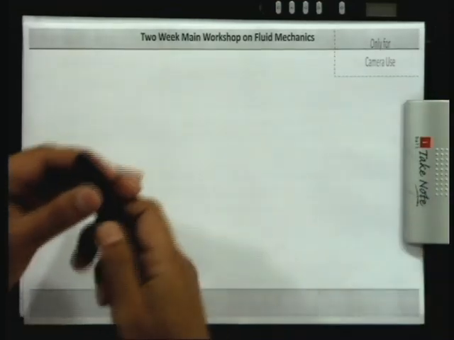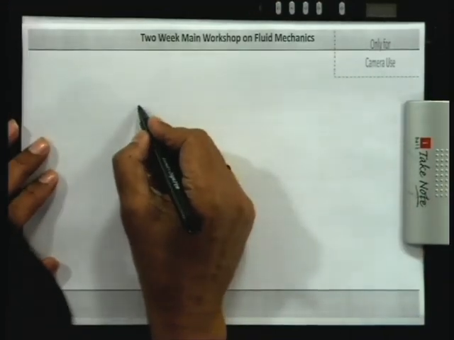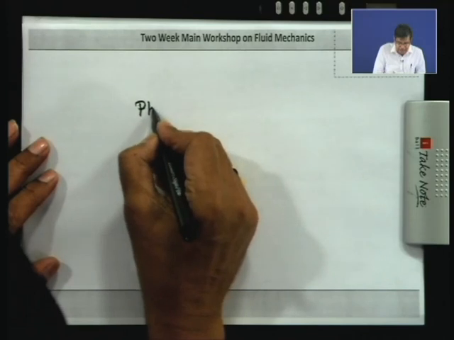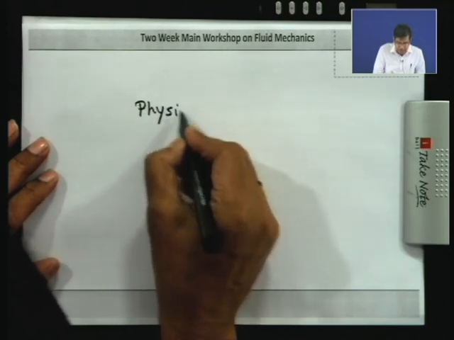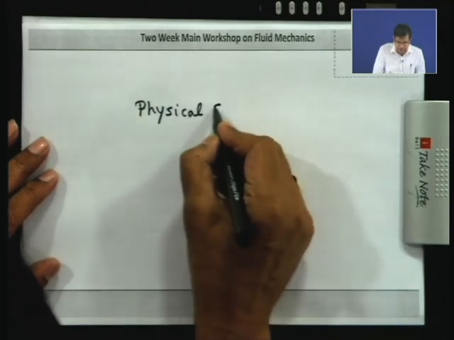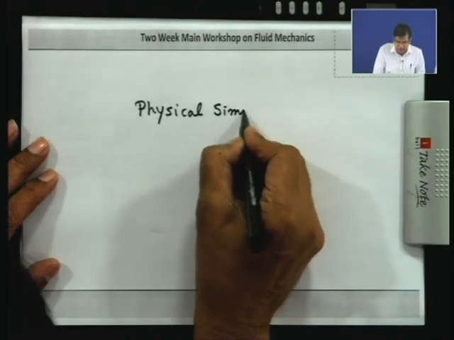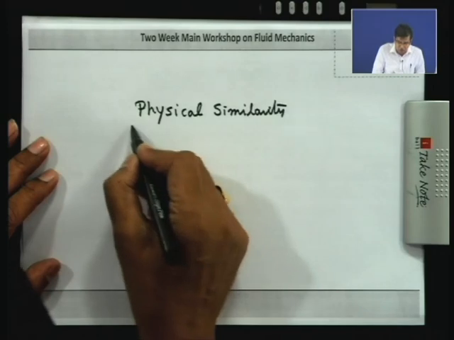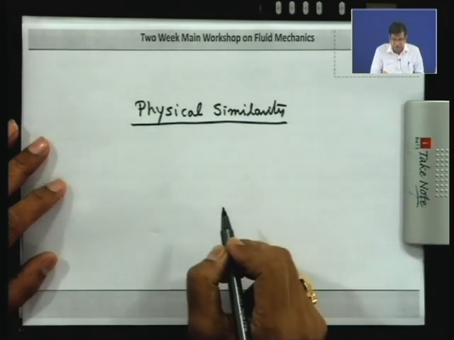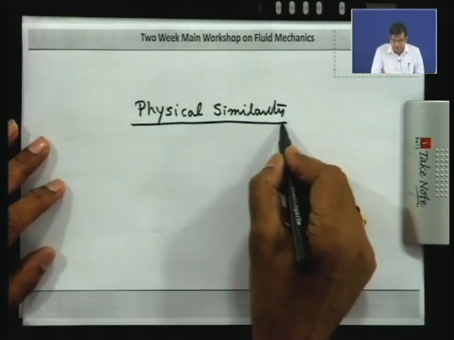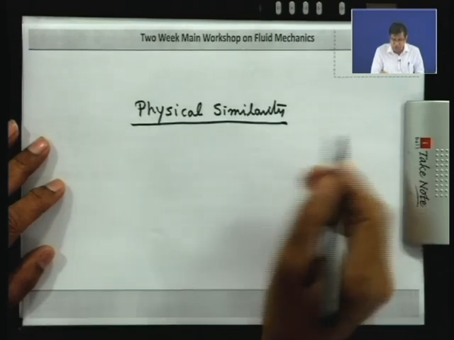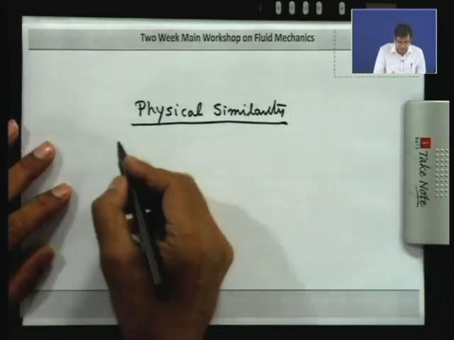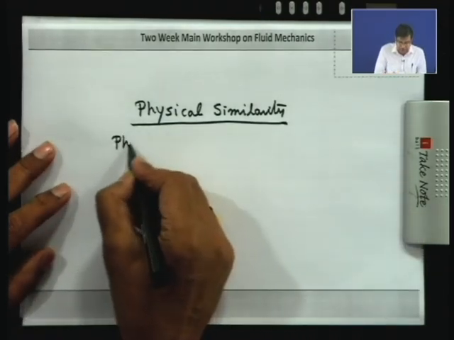Now the physical similarity, principles of physical similarity. Now come to the actual problem. The first and foremost requirement for the physical similarity of two processes or two systems is that the physics of the problem has to be the same.